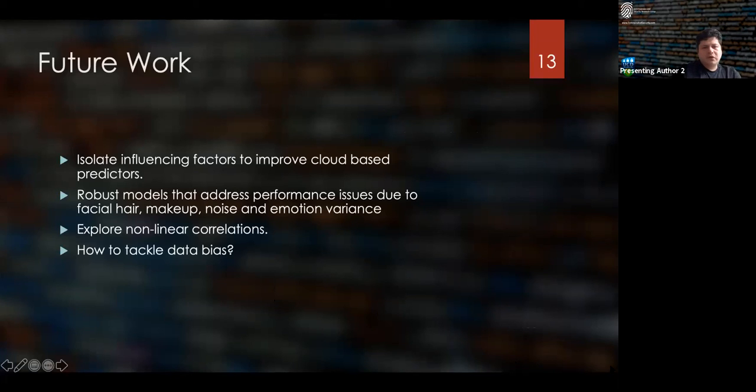So for our future work, we would like to isolate influence and factors to improve cloud-based predictors. We would also like to create robust models that address the performance issues due to facial hair, makeup, noise, and emotion variance. So I'm quite an advocate of the no free lunch theorem, which states that a model is not good for all the problems.